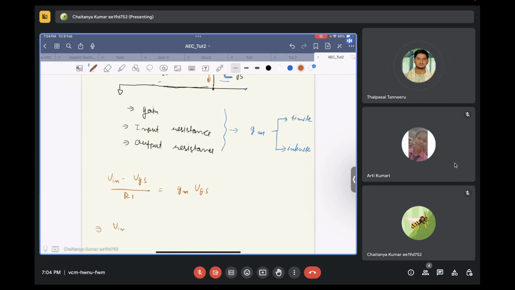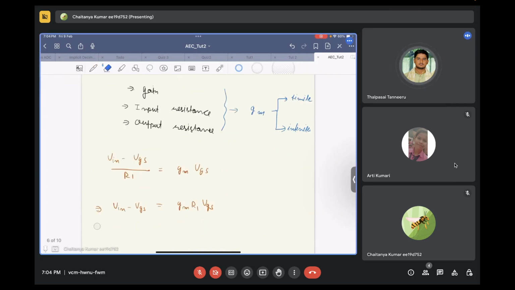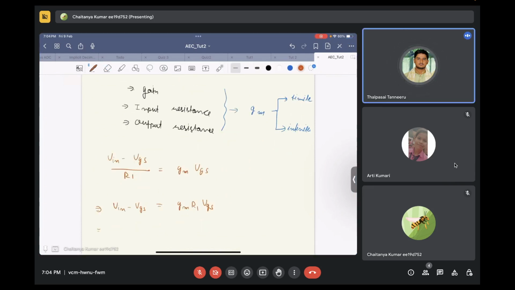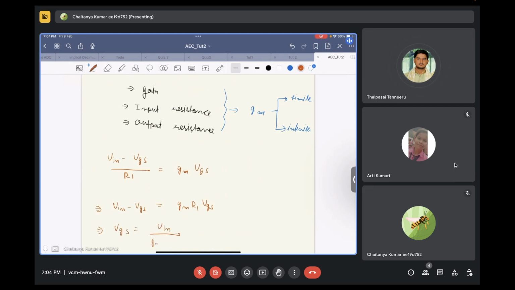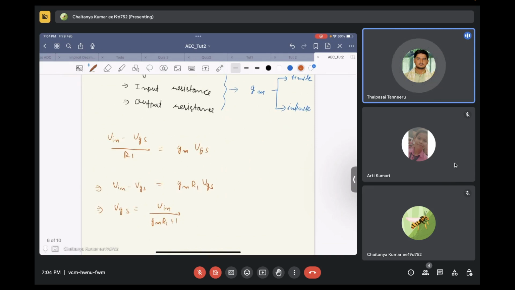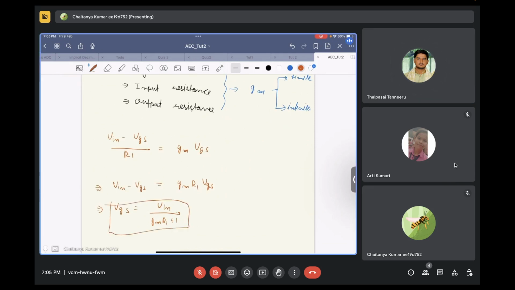So we can write Vin minus VGS is equal to gm times R1 times VGS. That implies VGS is equal to Vin upon gm R1 plus 1. Yes, sir. So you get the value of VGS.